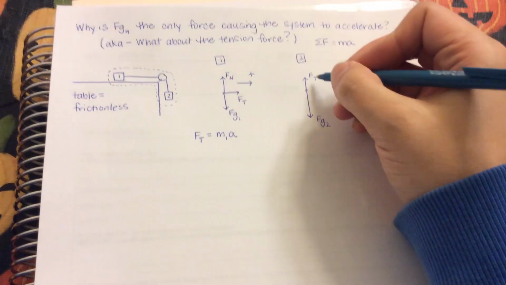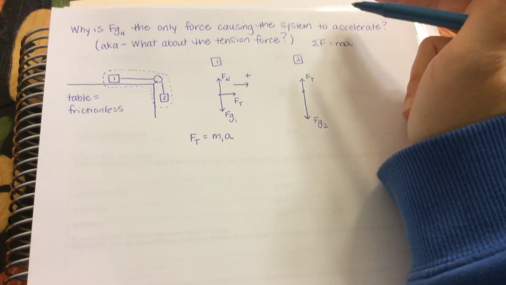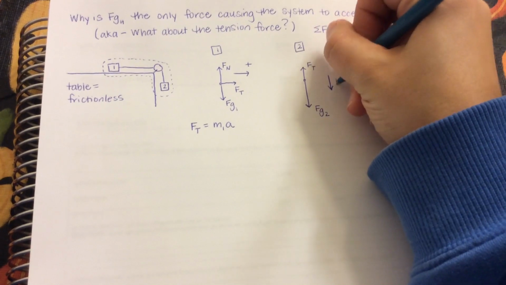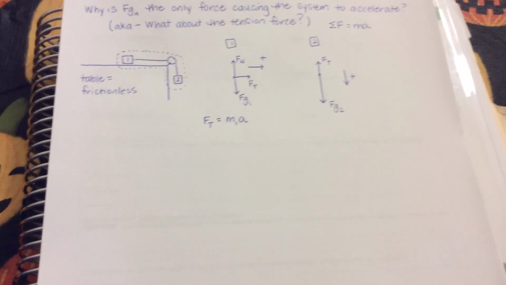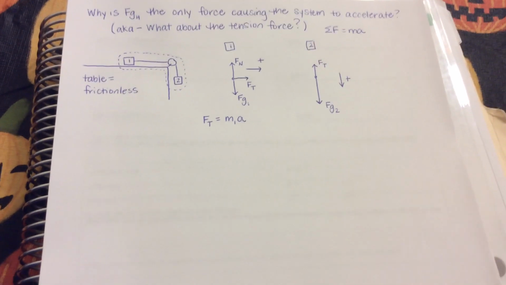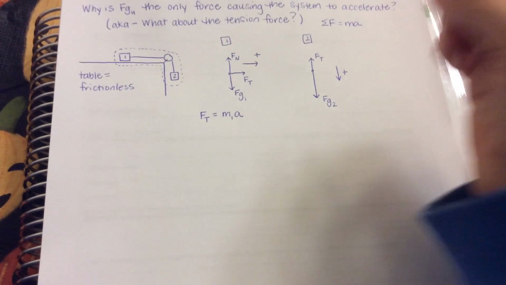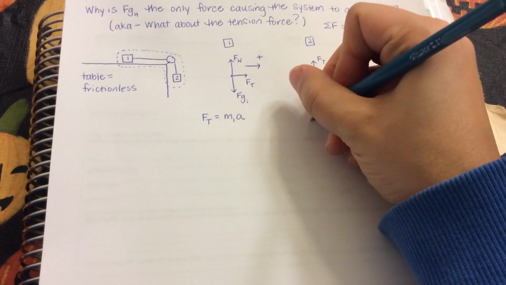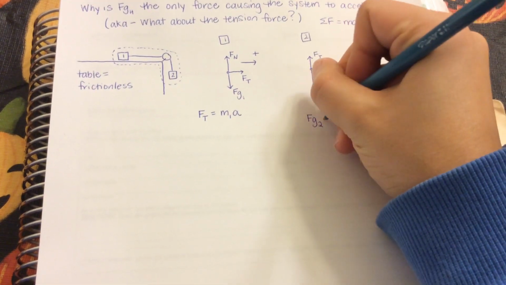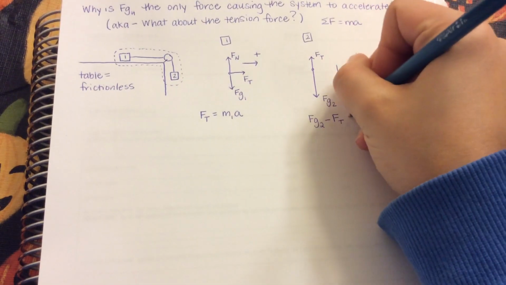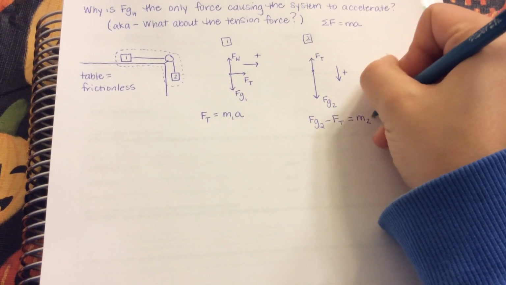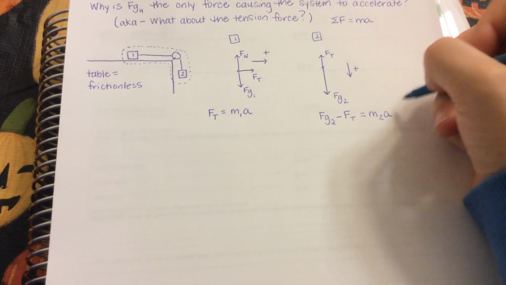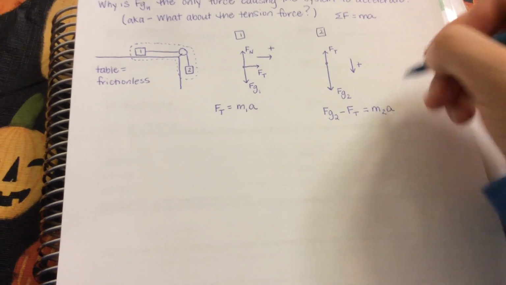Now for block 2, since the block is falling down and speeding up while it's moving down, I'm going to make down my positive direction, because that's the nice thing about physics: you can make whatever direction you want to be positive. If I write my net force equation, since down is positive, I'll do FG2 minus force tension equals M2A. Since my acceleration is also down, I can leave my acceleration positive.